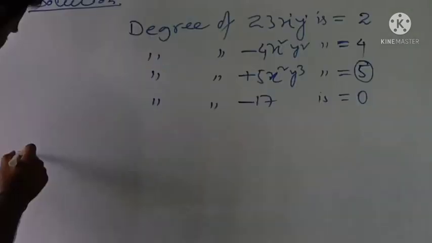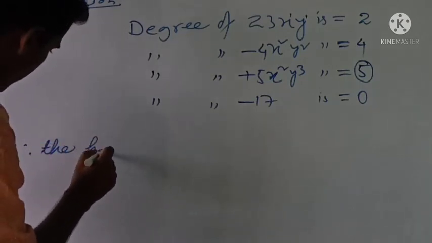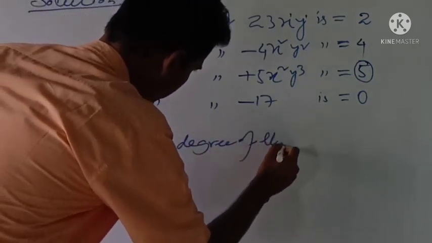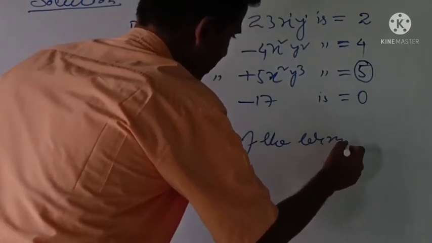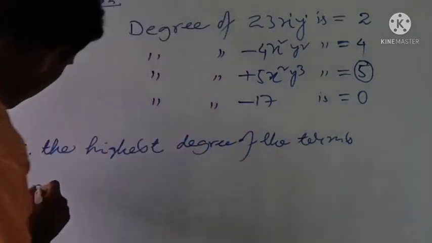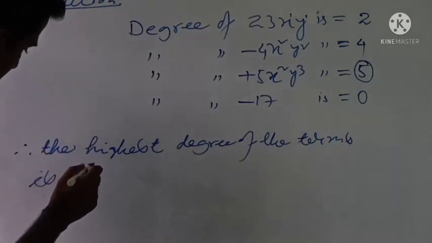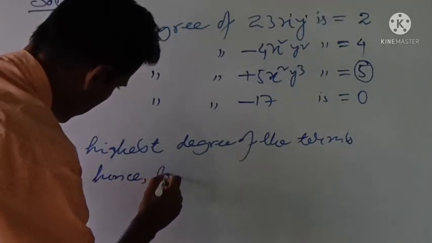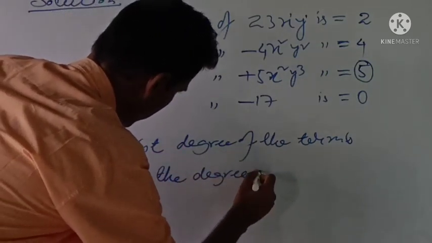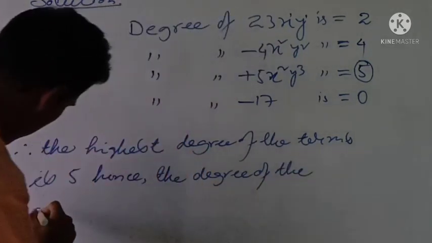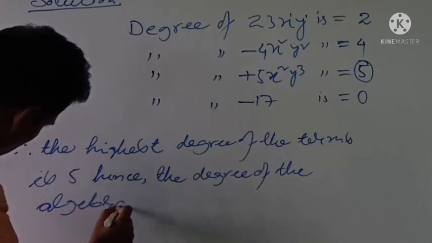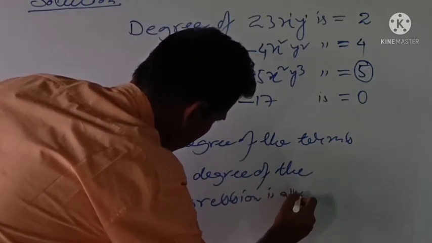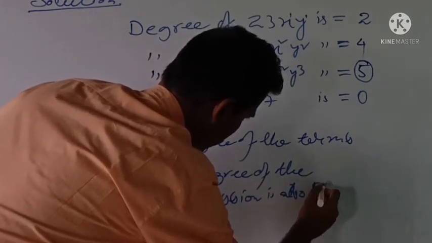So I'll write: since the highest degree of the terms is 5, hence the degree of the algebraic expression is also 5. It's a very simple question.